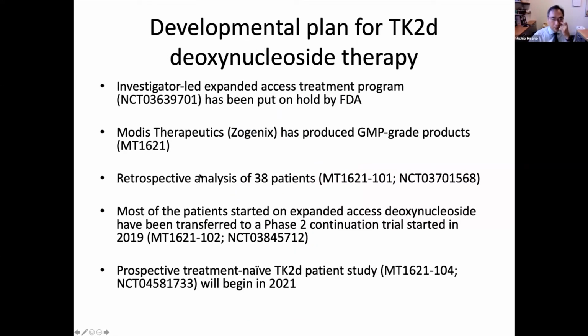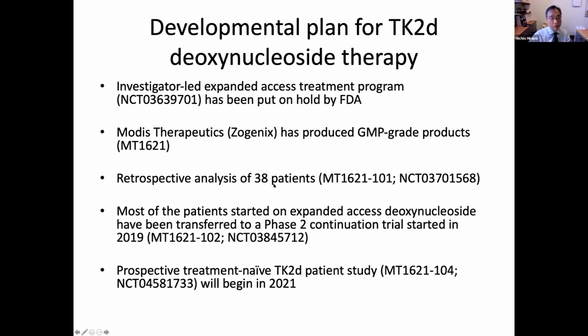As I mentioned, we started this on an expanded access compassionate use basis, but that was largely put on hold by the FDA. And so we've rolled over those patients into a continuation phase 2 study. This company, Modus Therapeutics, now bought by a company called Zogenix, has produced GMP grade, that's a pharmaceutical grade product, which is called MT1621.